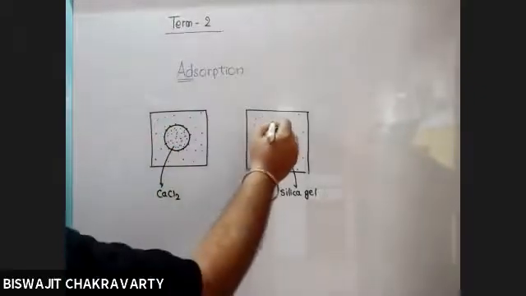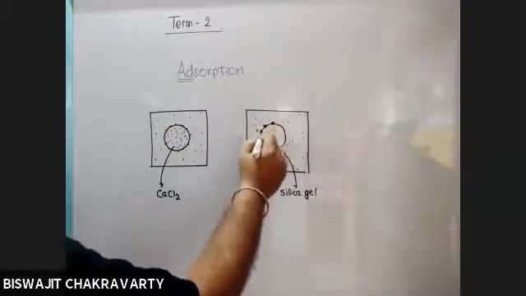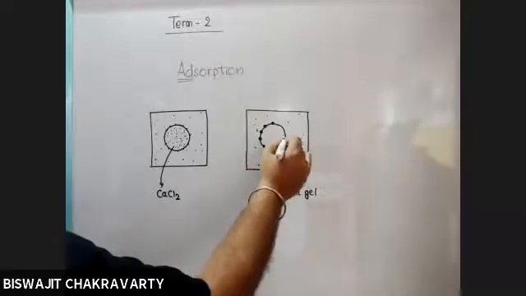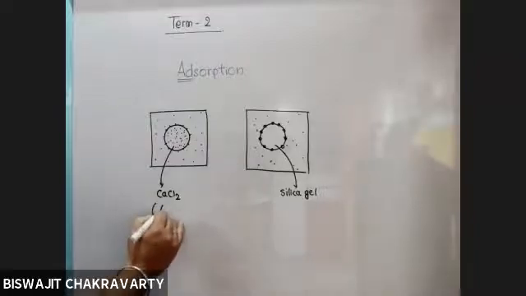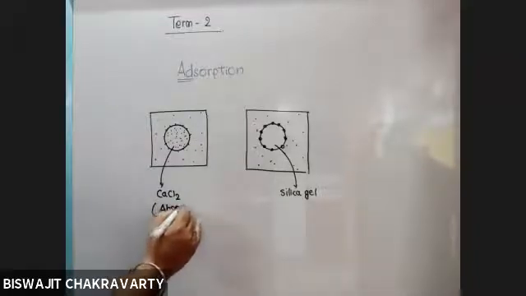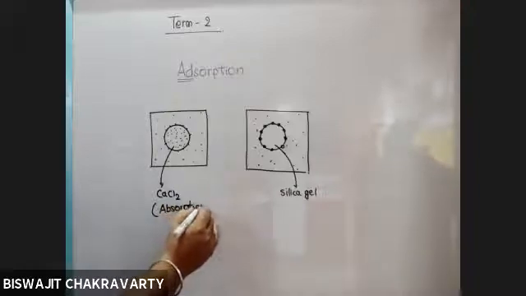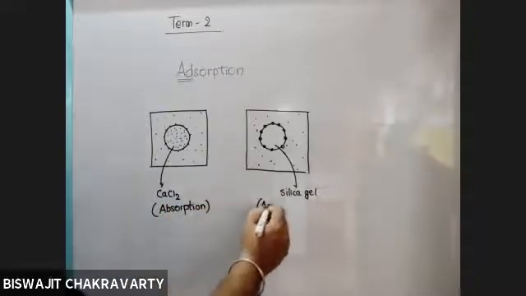But in silica gel, it is observed that water molecules are present only on the surface, but they do not go into the bulk. So the first type of example is referred to as absorption, and the second type is called adsorption.